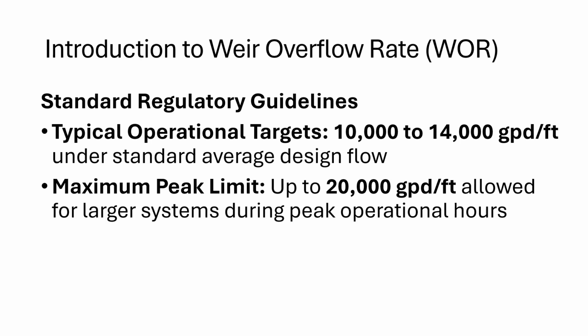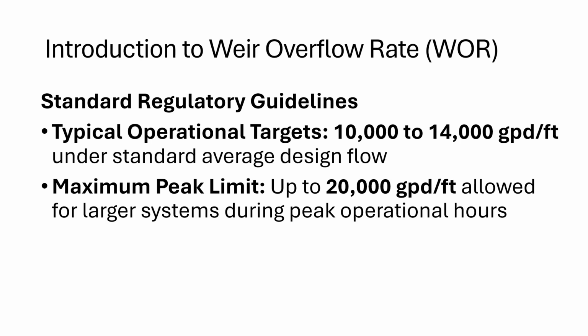So you want to keep these fairly low. Okay, and think about that 10,000 to 14,000 gallons per day. That's not a lot per foot. That's not a lot when you consider some of these plants are taking an influent of 1 million to 3 to 4 million. In the case of Santa Fe, 6 million gallons per day are coming in.